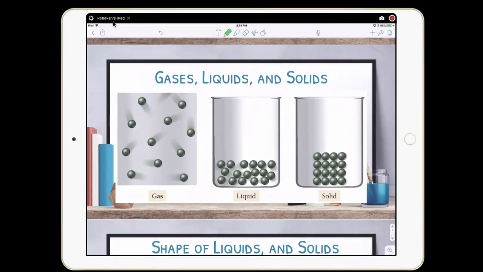Gases, liquids, and solids all have different thermal energies because they have different kinetic energies. So which one do you think has the highest thermal energy? Gases have the highest thermal energy simply by the fact that they're moving a lot faster. They're moving faster, they've got more space to move.